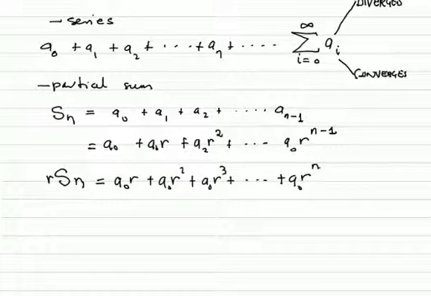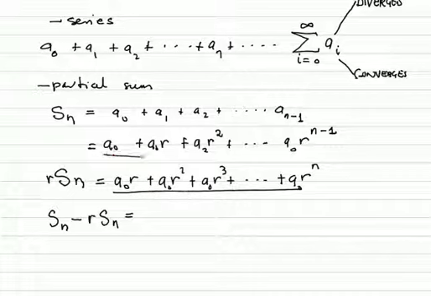Now, manipulating these two expressions, let's separate r times Sn from Sn. We'll write something like this. Then if we subtract this row from that one, we can see that there are like terms which are going to give us 0.